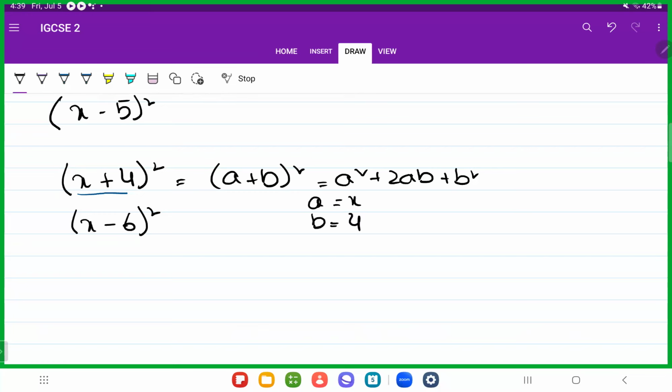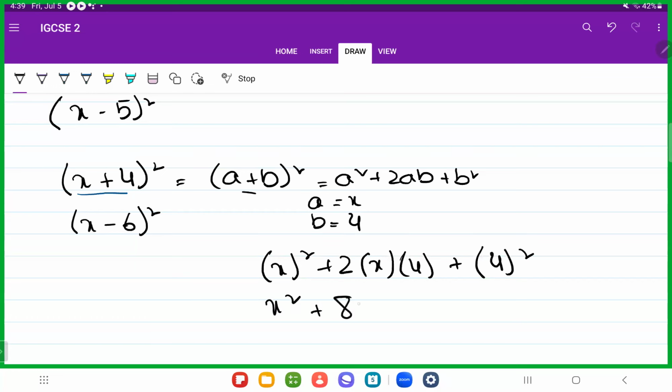It's just 4, not plus 4. Plus is already in the formula, so you don't need to write plus or minus. So we will open it: a square, which is x square, plus 2 times x and 4, ab, plus b square, which is 4 square. So we have x square plus 8x plus 16. Do you understand? Miss, how did you get 8?